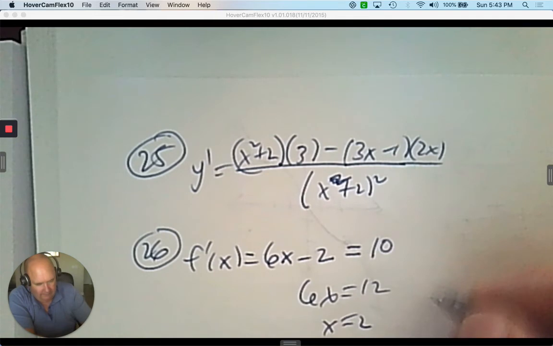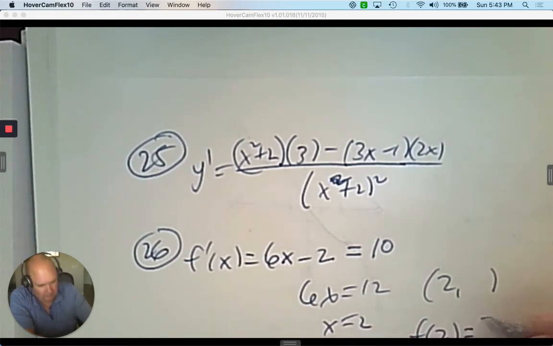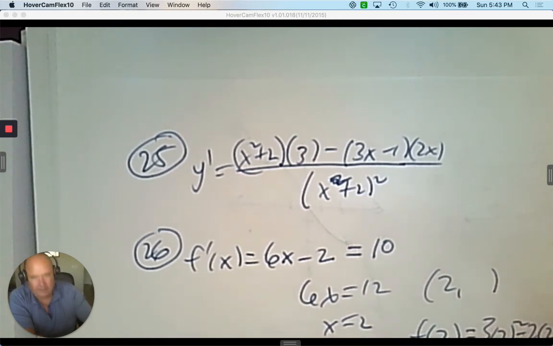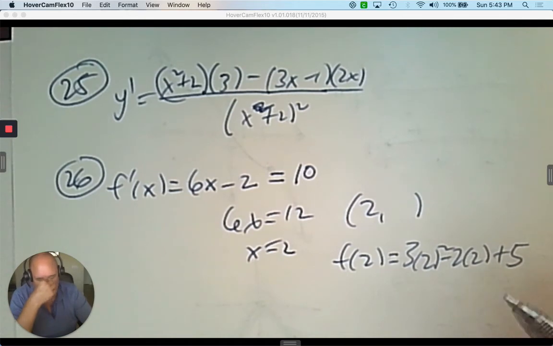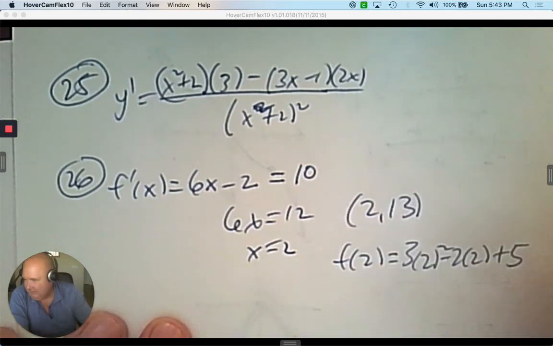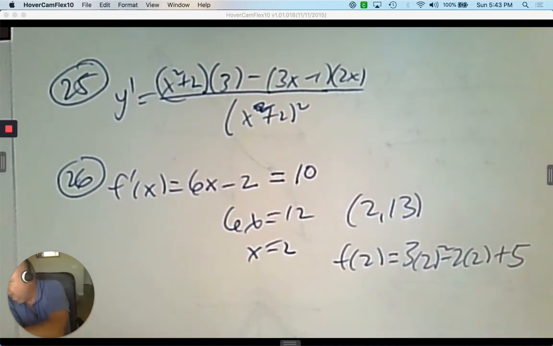To find the y coordinate, then you plug it back in to the function. So if you plug 2 back in, it would be 3 times 2 squared, minus 2 times 2, plus 5. You get 12, take away 4, plus 5, I get 13. So 2 and 13. Sure that one's right.